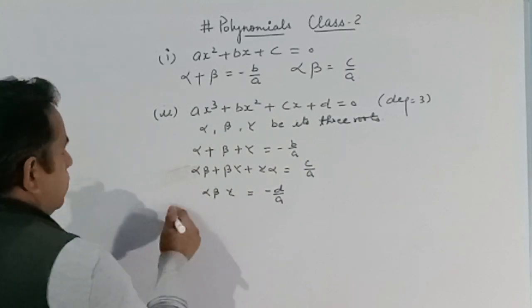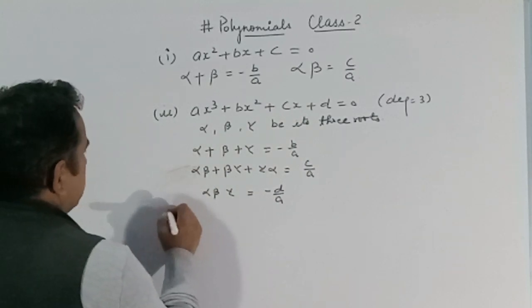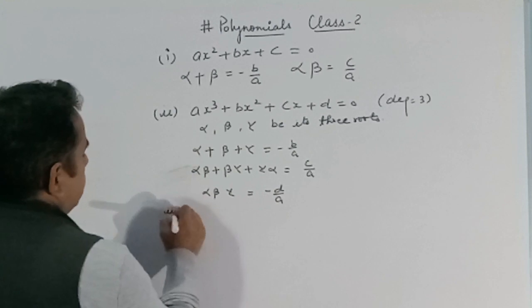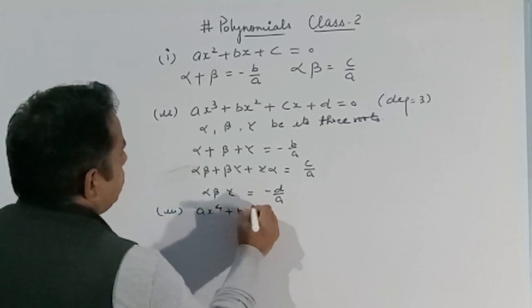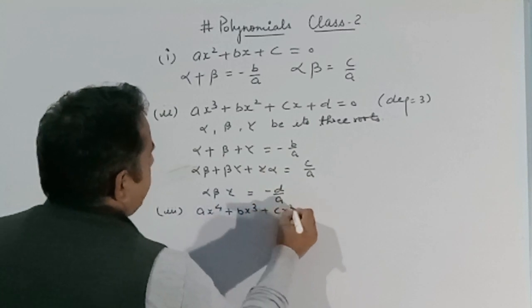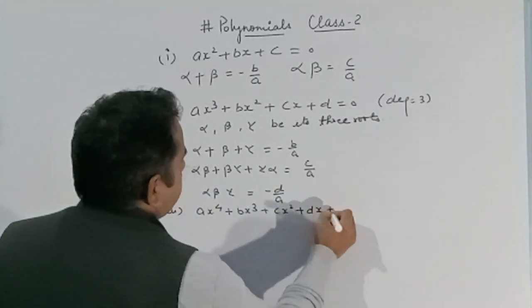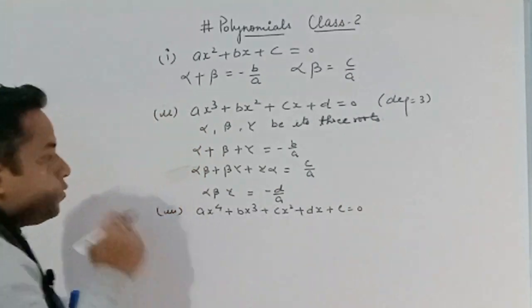Okay, now the third one is the quartic equation. Write it down: ax^4 plus bx^3 plus cx^2 plus dx plus e is equal to 0.